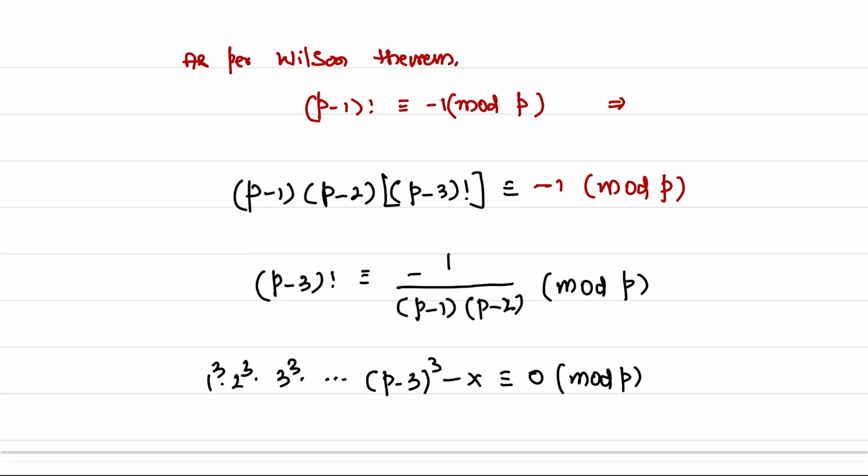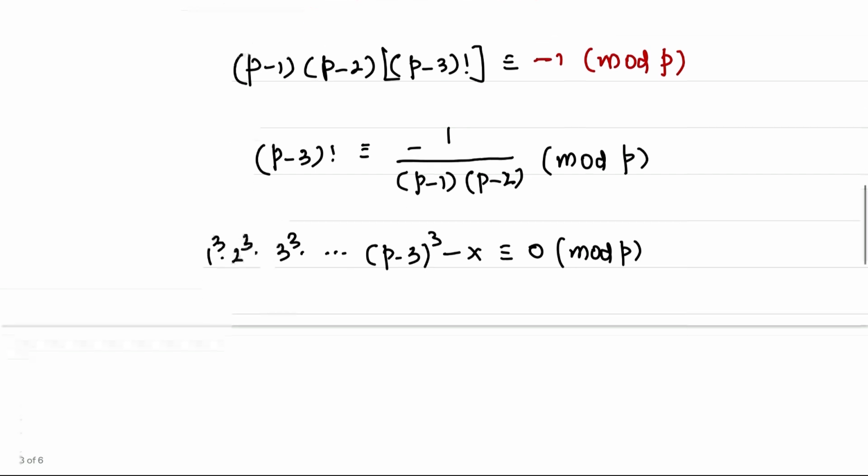This is what is given to us. That 1 cube into 2 cube into 3 cube, this is all p minus 3 factorial whole cube, minus x equivalent to 0 mod p.